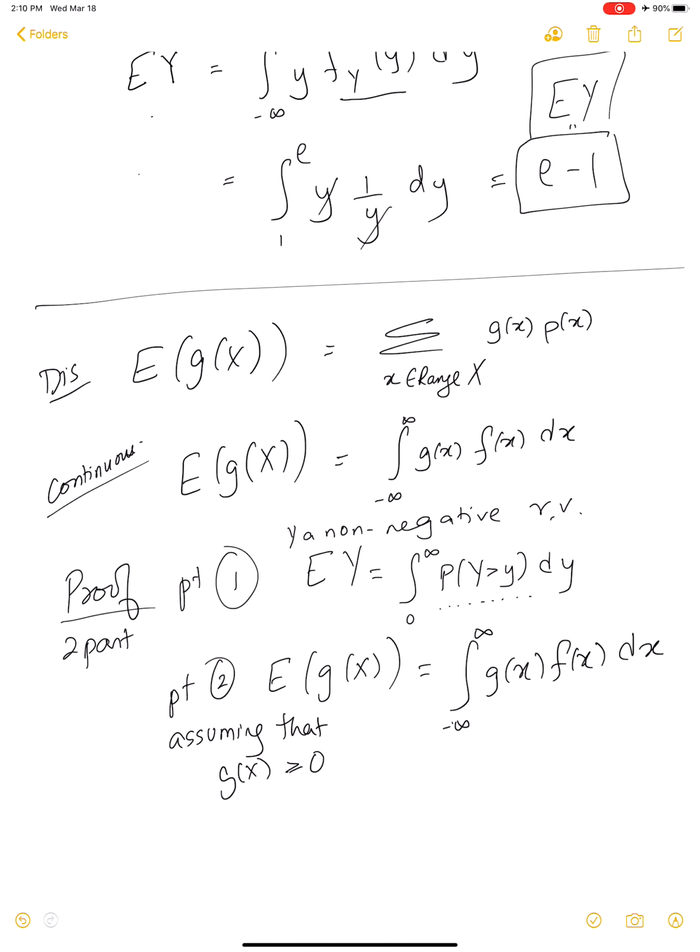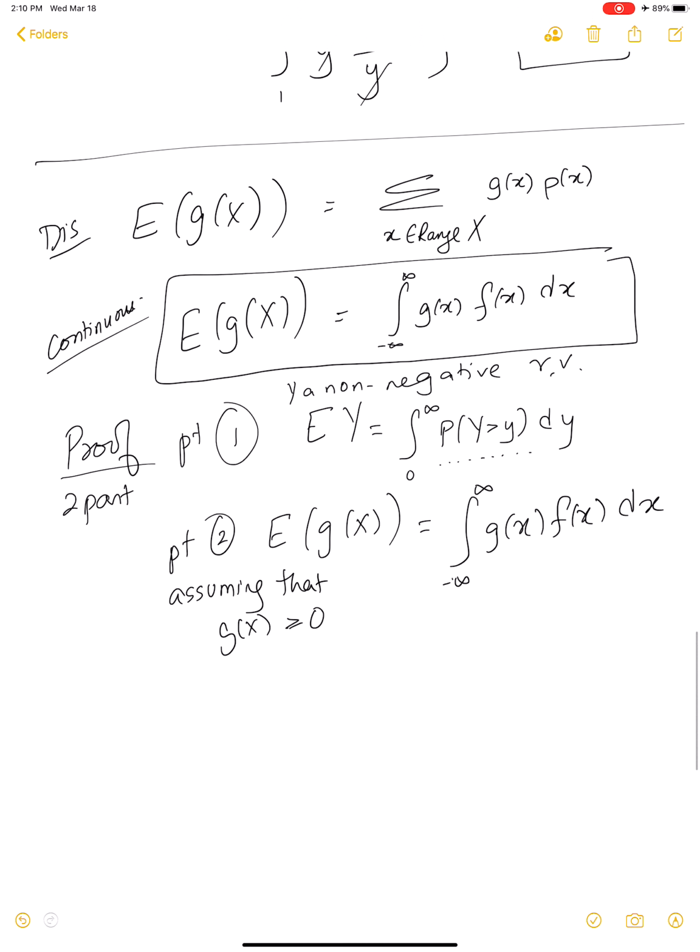All right, so for now, let's just skip these proofs, and you can assume, just as you did in the discrete case, that the expectation of g of x is the integral from minus infinity to infinity of g of x times f of x.